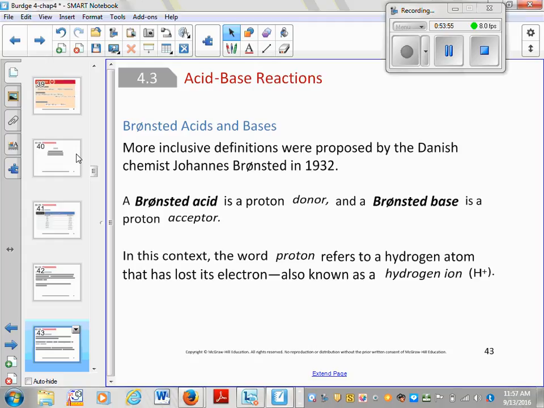Accepts a proton. So it's going to get an H+. So we're going to add an H, so NH4, and it gets a plus charge. Well, if I take an H plus away from H2O, what am I left with? OH minus. Oh, there's my OH minus. And Arrhenius couldn't account for it.